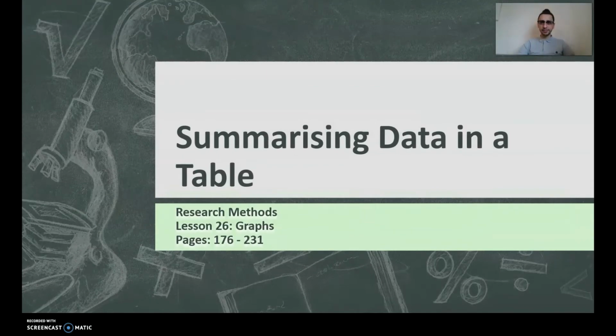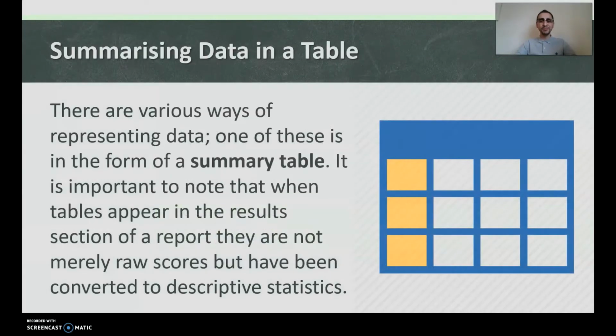Summarizing data in a table. There are various ways of representing data. One of these is in the form of a summary table. It is important to note that when tables appear in the results section of a report, they are not merely raw scores and have been converted to descriptive statistics.